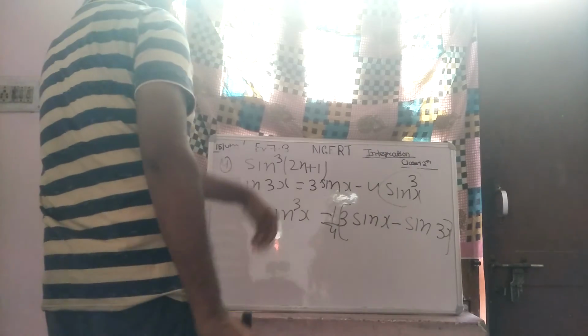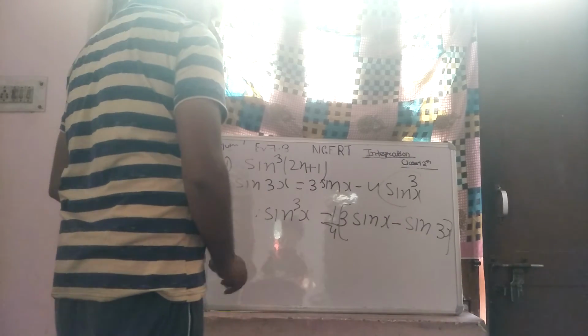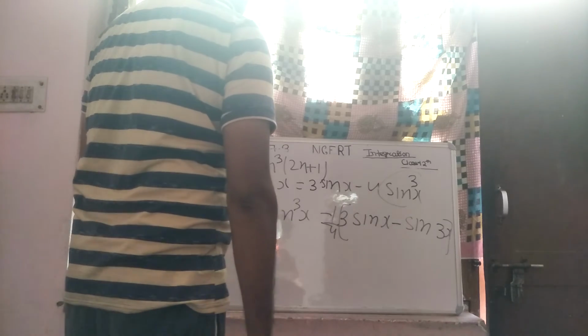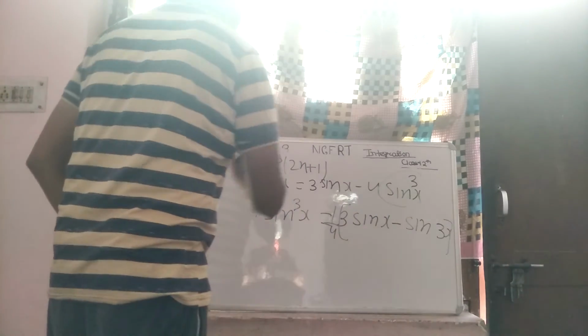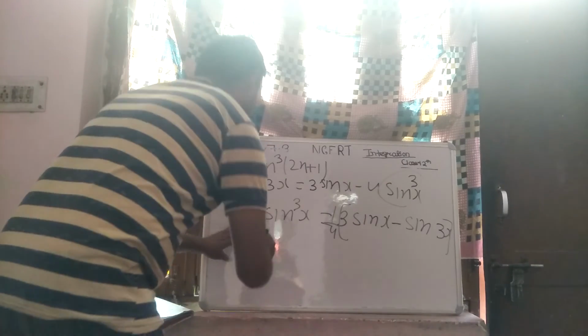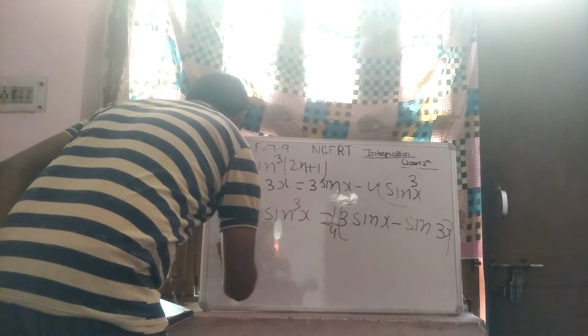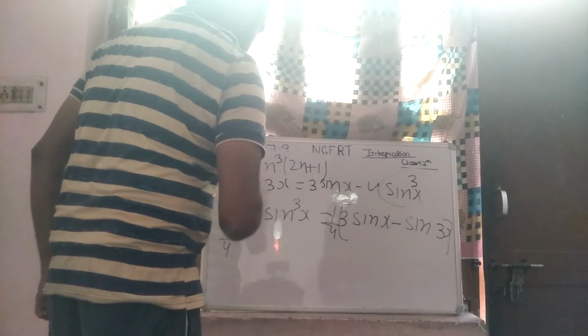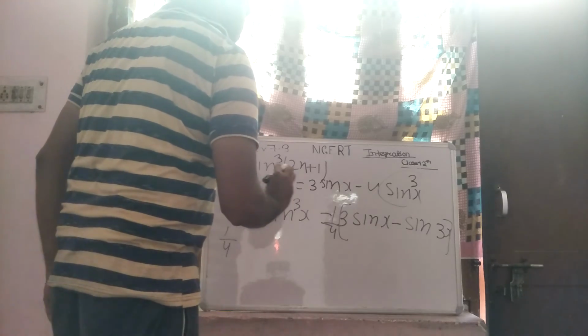We also have 2x plus 1 here, so we have to substitute it in place of x, giving sin 3(2x plus 1). We integrate in terms of this. So we have 1 upon 4, and the same simple integration with 2x plus 1.